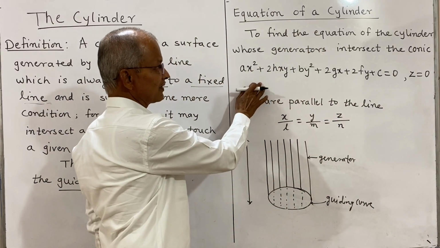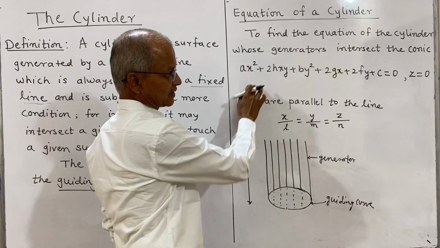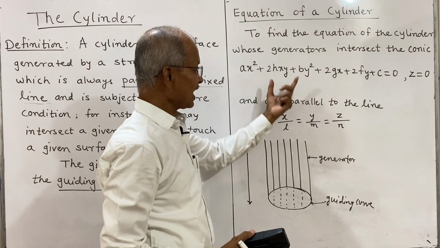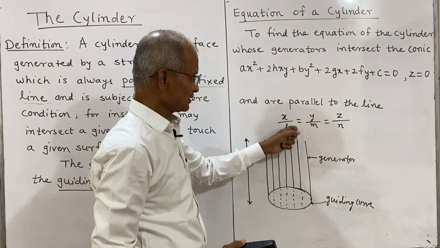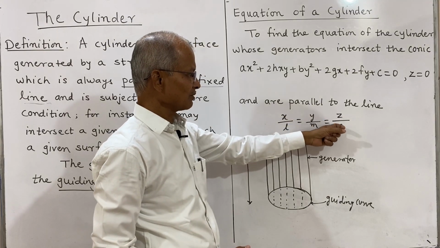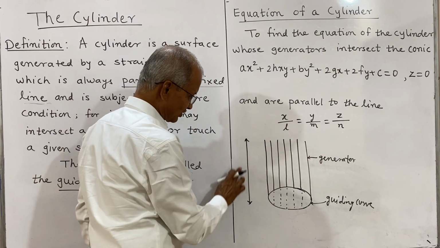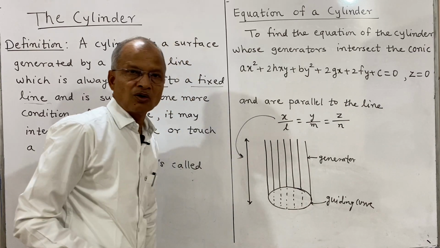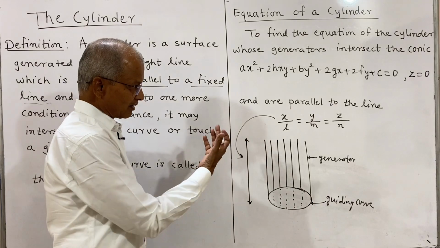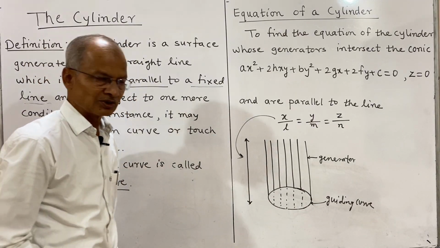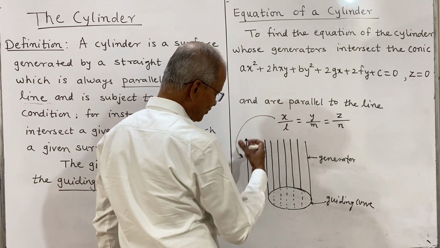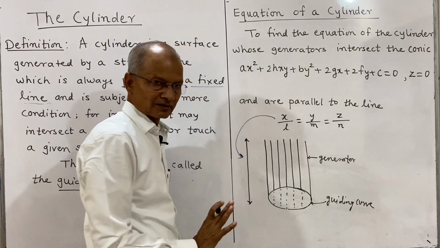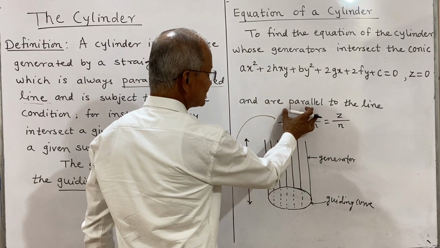That means this is a conic in the xy plane, and these generators are parallel to the line x/l = y/m = z/n, and that is the equation of this line. This is a line passing through the origin, but it is not necessary, it may pass through the origin, and we may consider the line passing through the origin and parallel to these generators. So we shall obtain the equation.